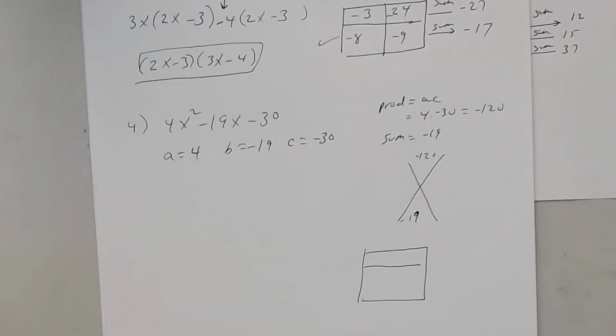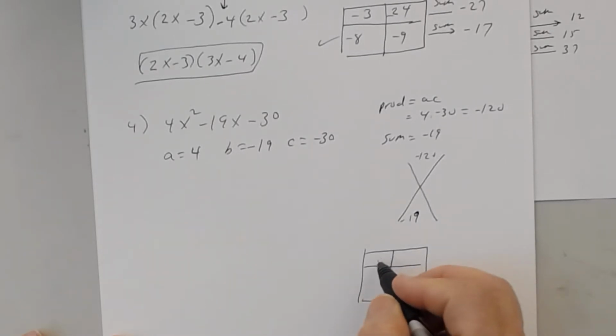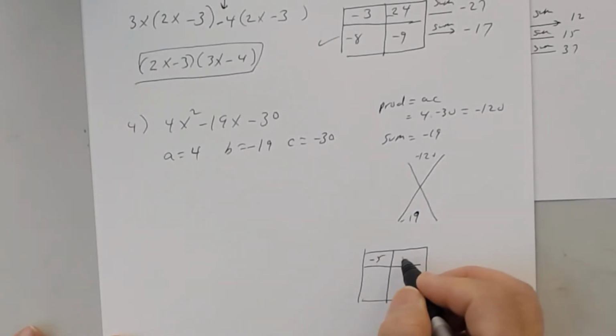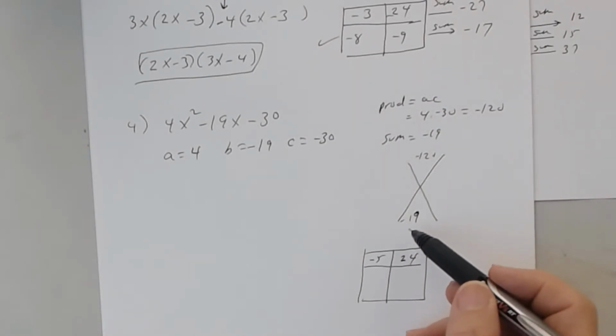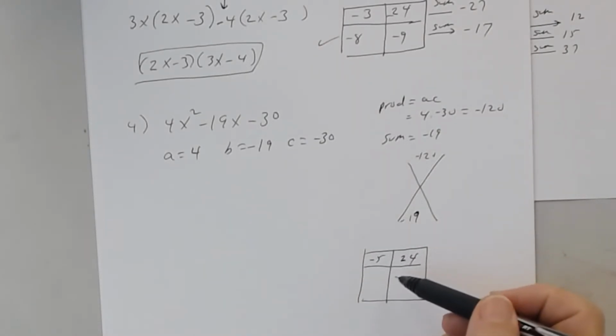But it's a negative 120. So one has to be positive. But I want you to think about this. I know you're not going to use negative 5 and 24. You're not going to do that one because I want the sum to be what? Negative. So that means that the larger number had to be negative.